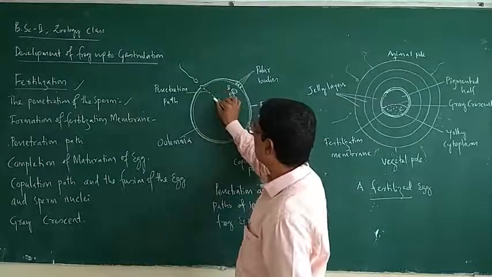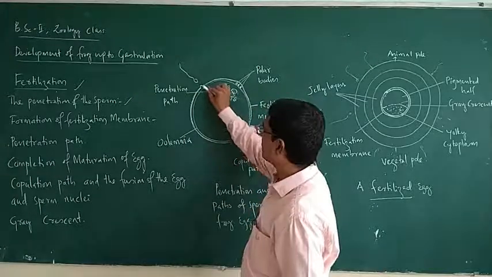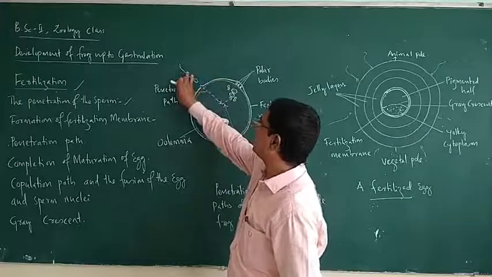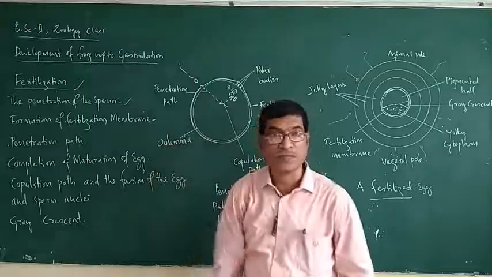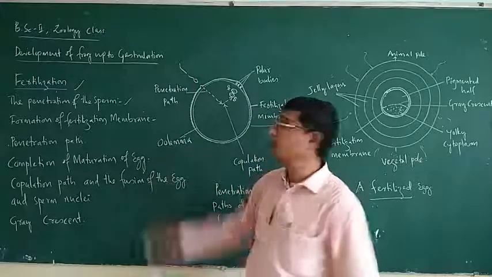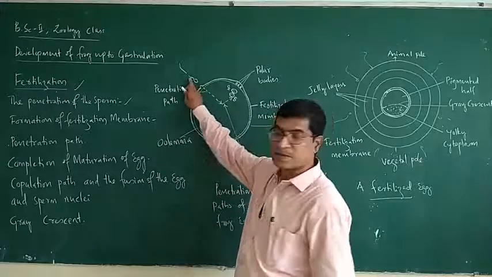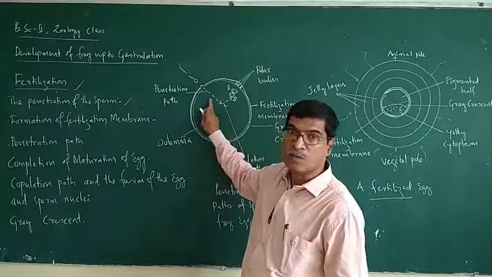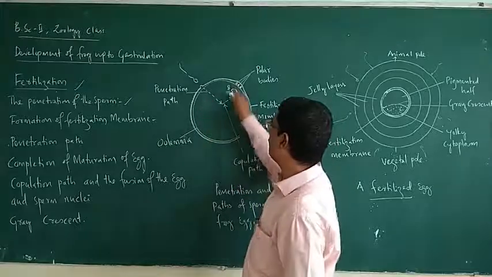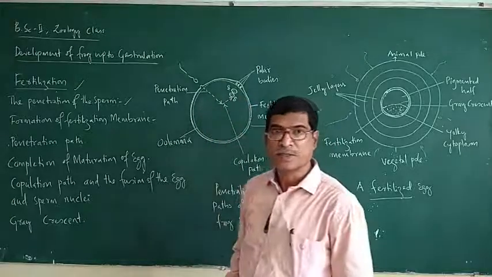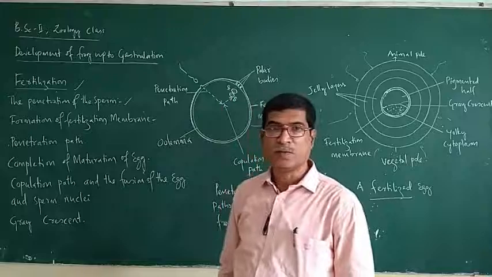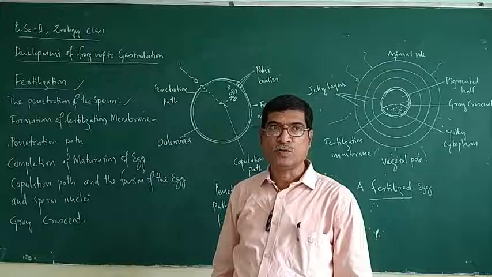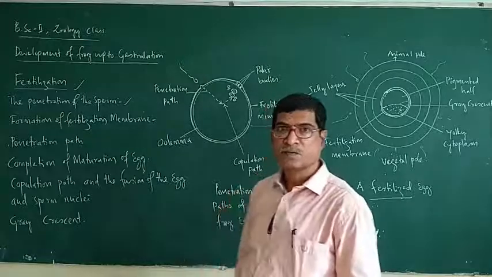Now see, while entering the ovum, the tail of the sperm is removed. The tail is not entering. Only the head part and middle piece enter into the ovum. So this ovum has cytoplasm with 2 different colors.